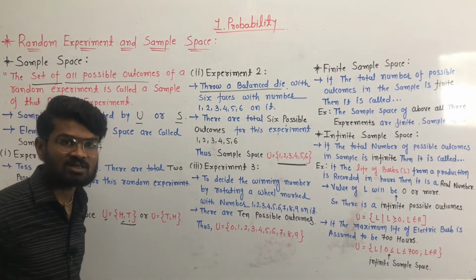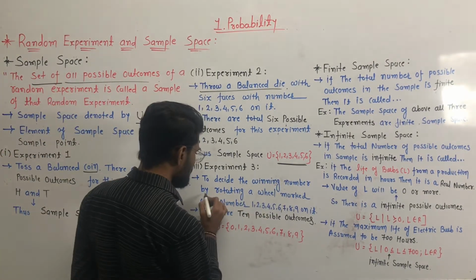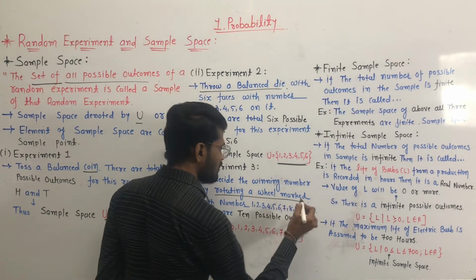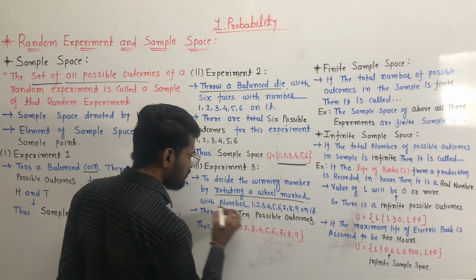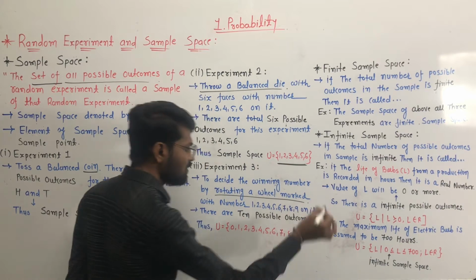Now we write down the sample space for experiment number 3. Experiment number 3 is to decide the winning number by rotating a wheel marked with the numbers 0 to 9.